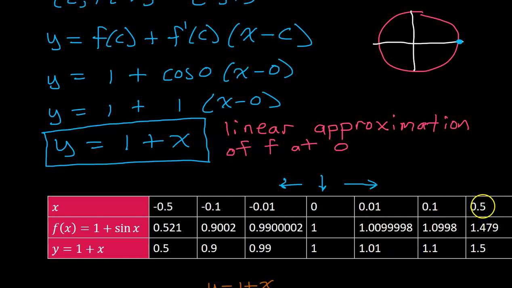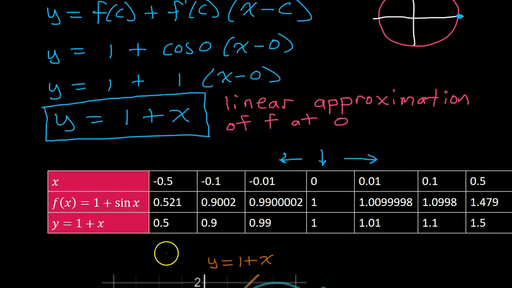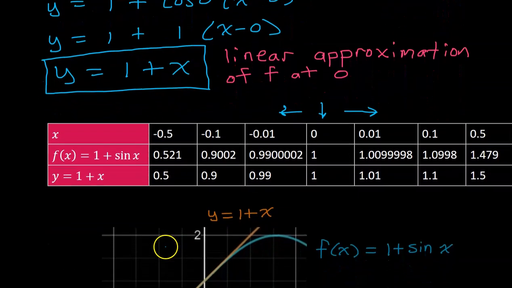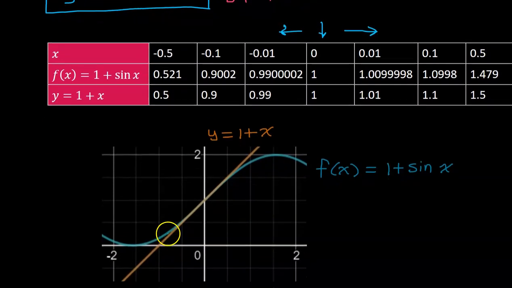Even if you go all the way out to half a unit away, the actual value of the function and our linear approximation, the 1 plus x, is still giving us a value that's pretty darn close to the real function. So as long as we're staying fairly close to the point of tangency, this straight line is going to give us a value that's pretty close to the real value.